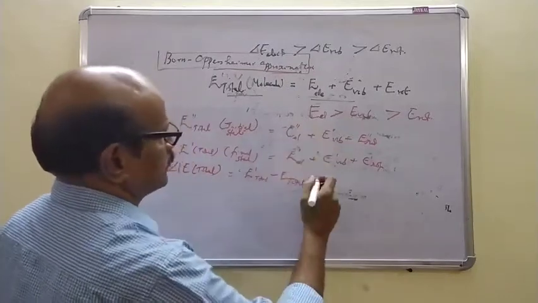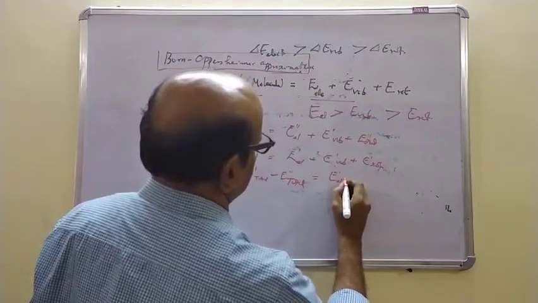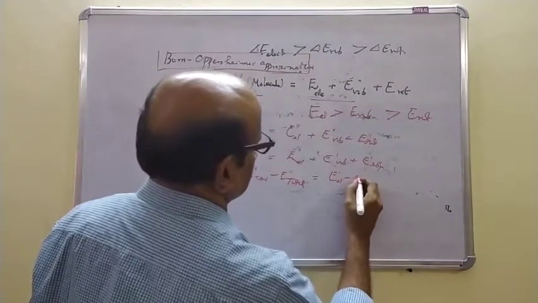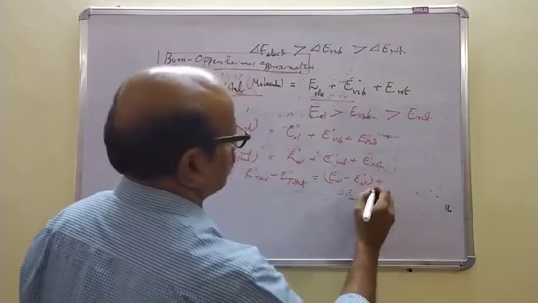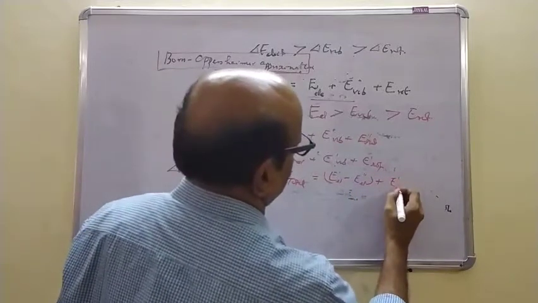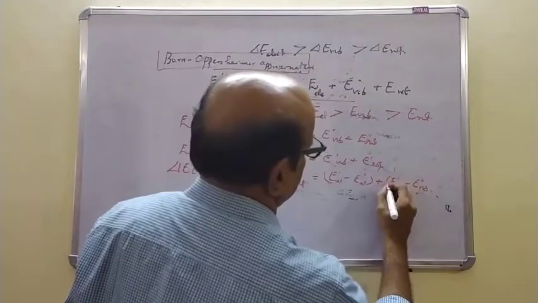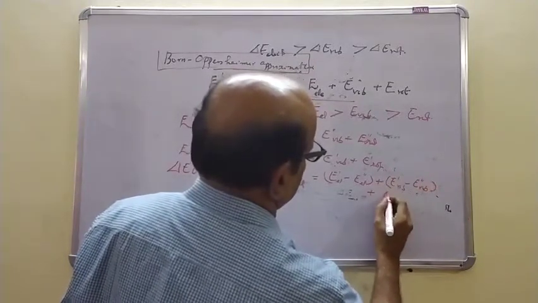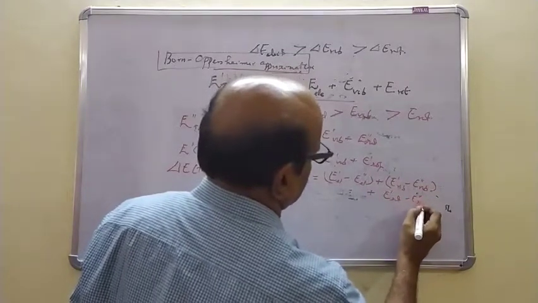That is E dash electronic minus E double dash electronic, plus E dash vibrational minus E double dash vibrational, plus E dash rotational minus E double dash rotational.